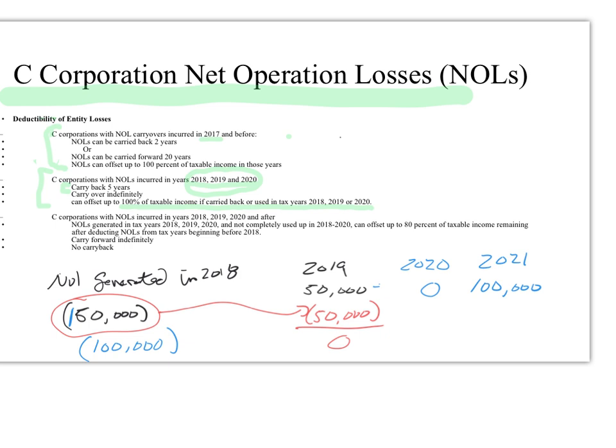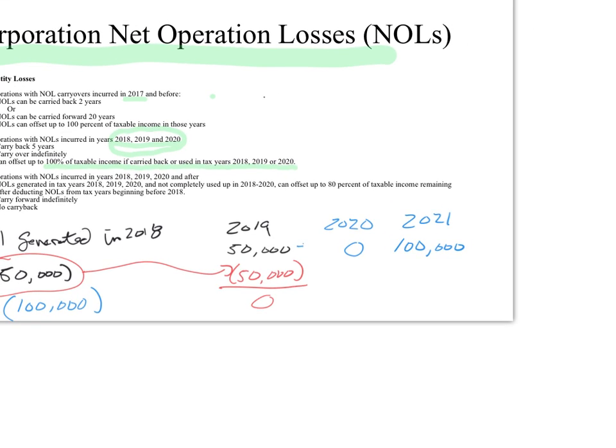Well, yes, except because you didn't use all of that net operating loss from 2018 prior to 2021, now it goes back to the limited rules. So now the most that you can offset is 80%.